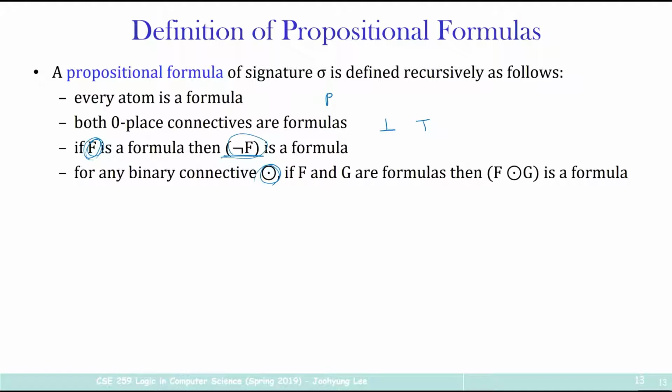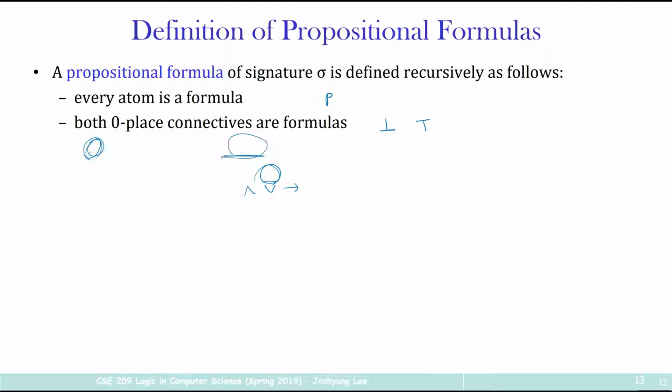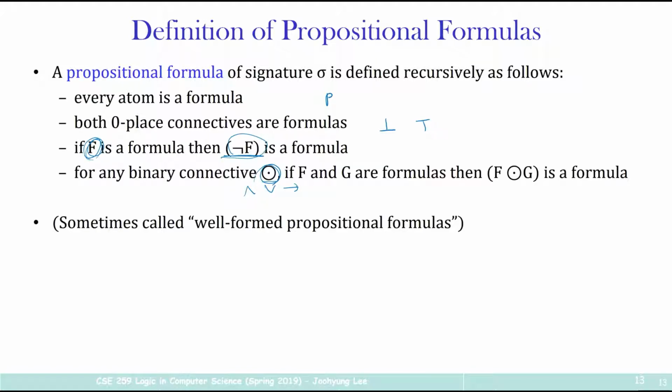Although I wrote only one symbol here, this actually stands for all the binary connectives. In the book, these are also called well-formed propositional formulas. I'm going to skip the word well-formed here because there is no ill-formed formula.